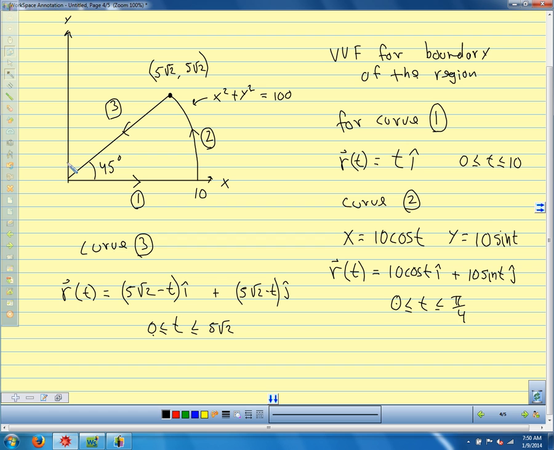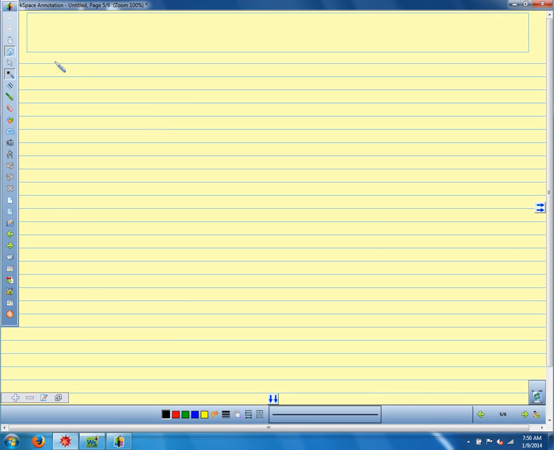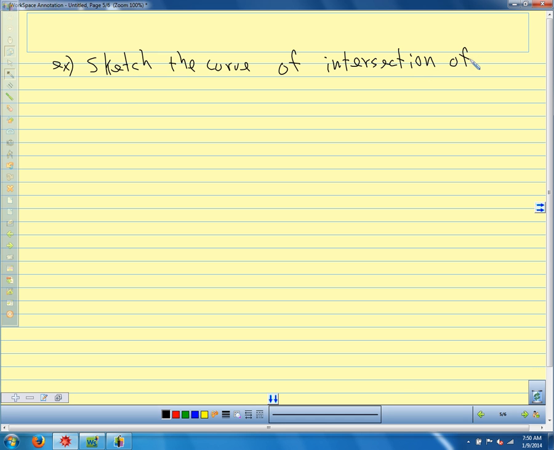All right, my favorite example. Sketch the curve of intersection of x squared plus y squared equals 4 and z equals x squared, and then represent the curve with a vector valued function.